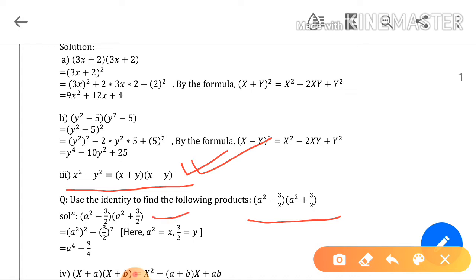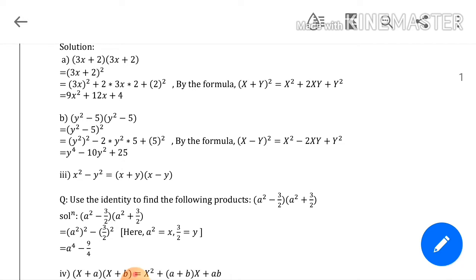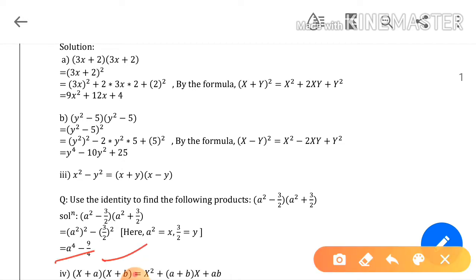Here x equals a square and y equals 3 by 2. So we write x square minus y square, that is (a square) whole square minus (3 by 2) whole square. (a square) whole square equals a to the power 4, and (3 by 2) whole square equals 9 by 4.